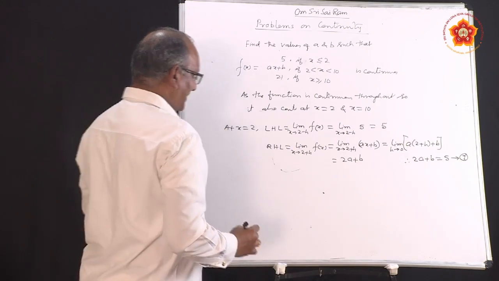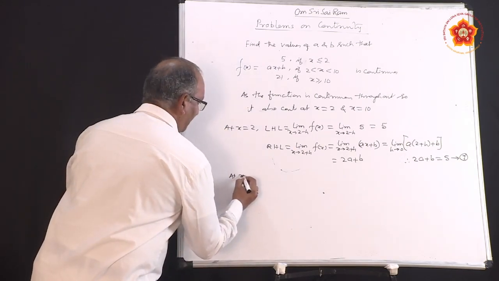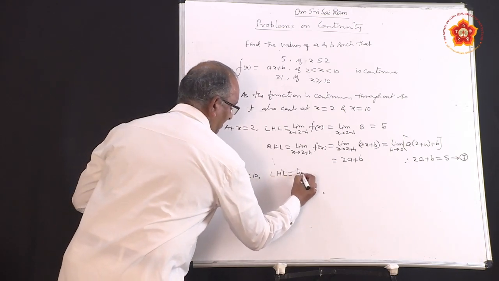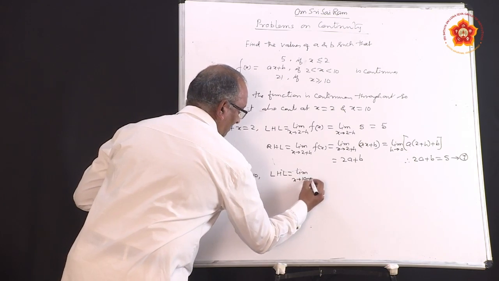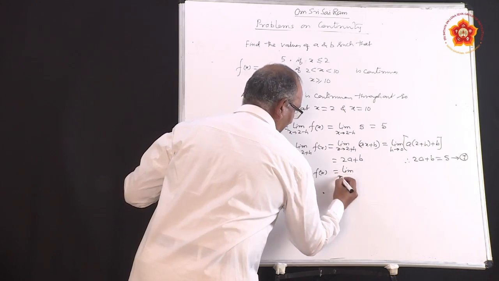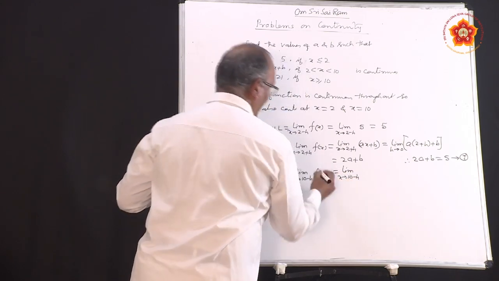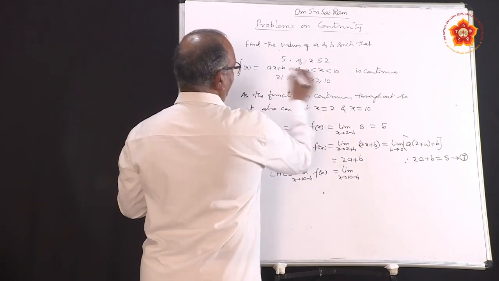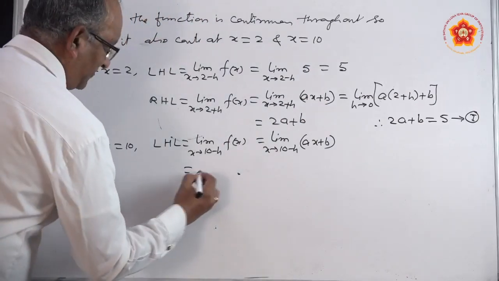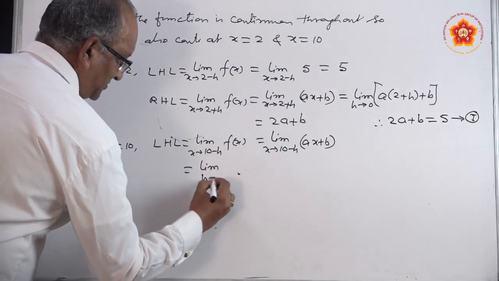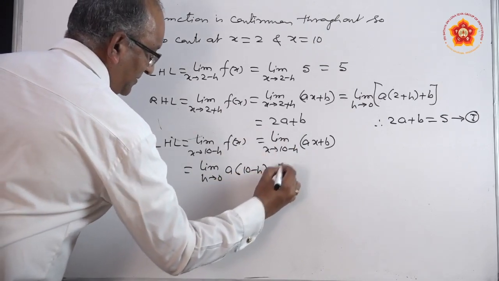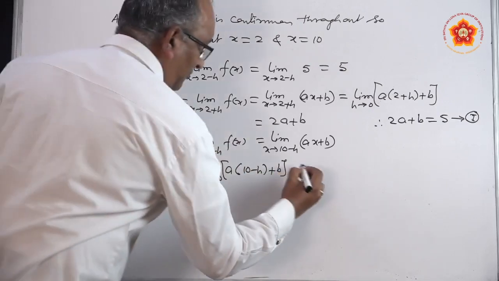In the same manner at x equal to 10, f(x), if it is less than 10, the function is again ax plus b. How do we simplify? We say limit h tending to 0, in place of x, we write 10 minus h, plus b, and then proceed to the limits. So what are you going to get?